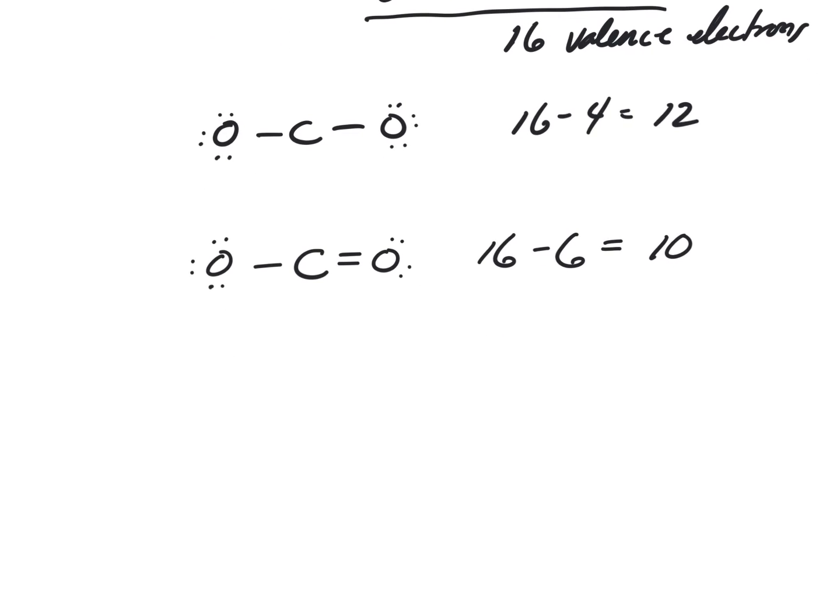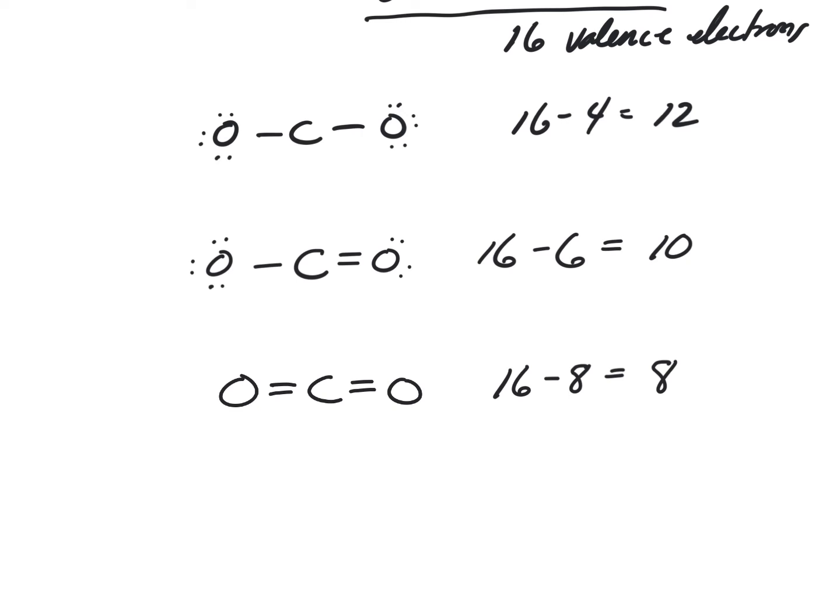Okay, so we've got carbon, oxygen, carbon, oxygen, and we have 16 valence electrons. This time we used 8, so we're going to have 8 leftover electrons.